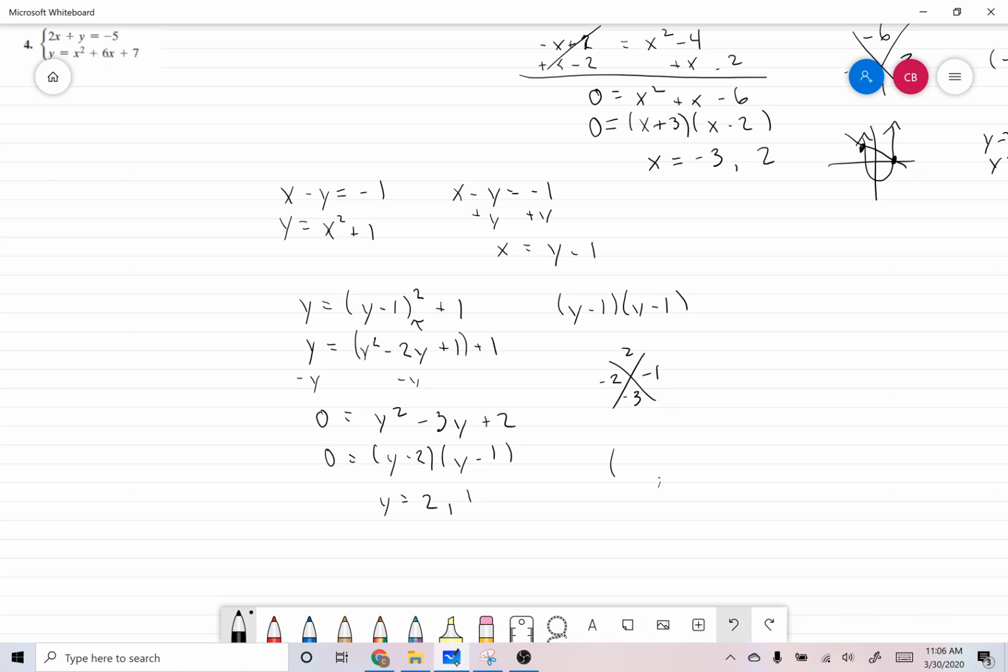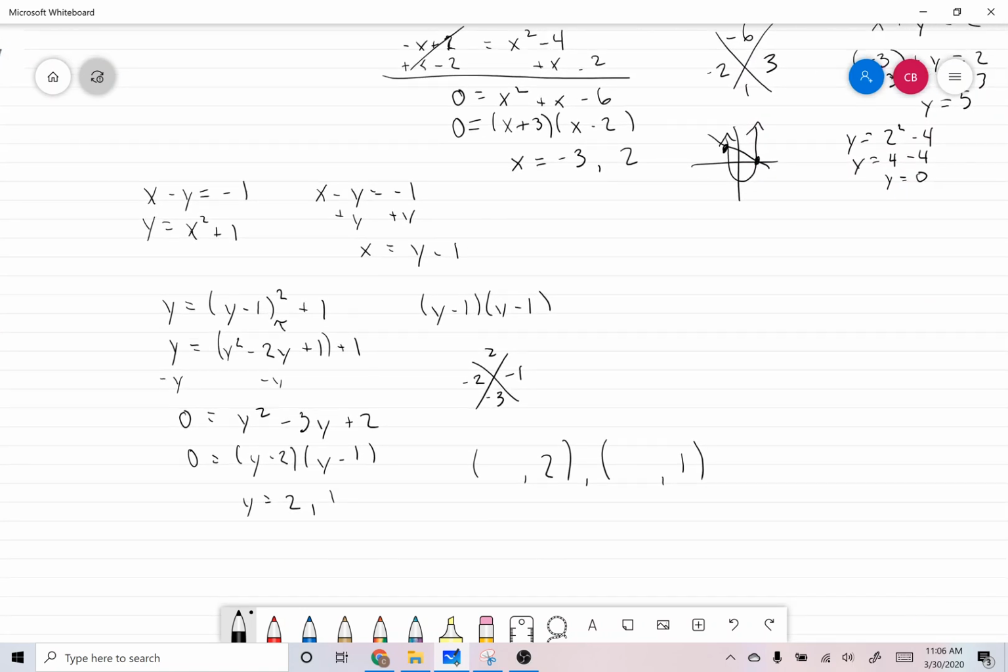Set up our system. We have two possible solutions. And so we now have, let's plug this in. x minus y, y is 2 in this first case, is equal to negative 1, so x minus 2 is equal to negative 1, add 2, x is equal to 1.